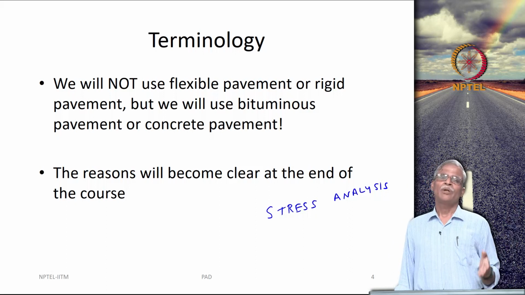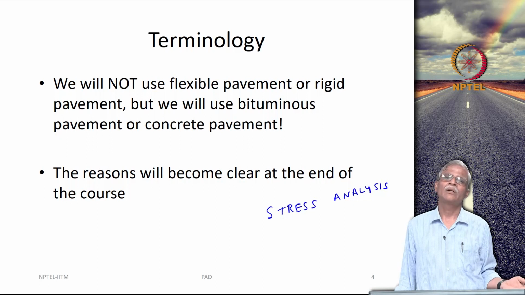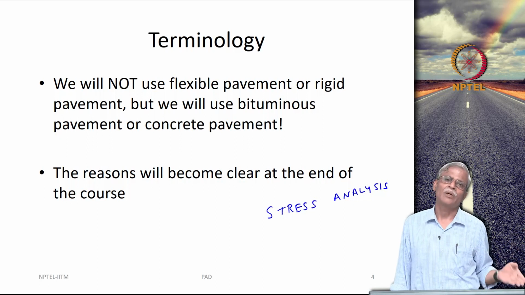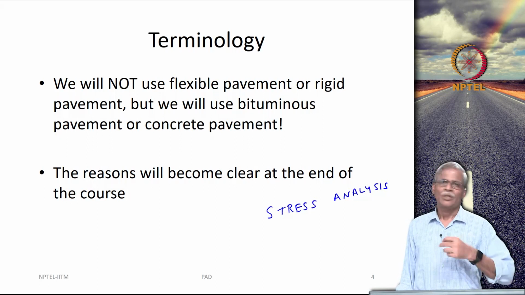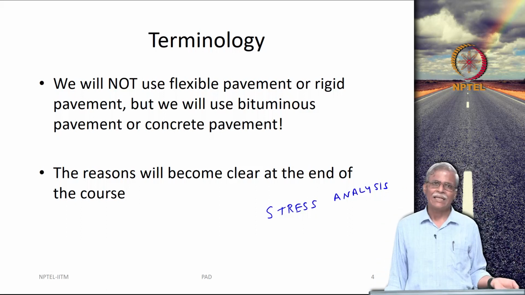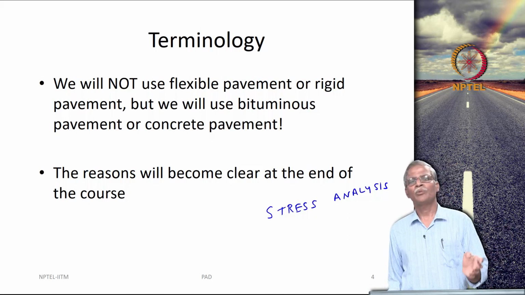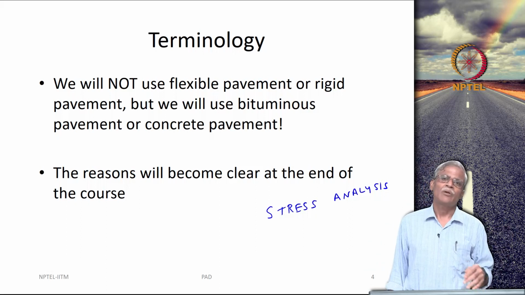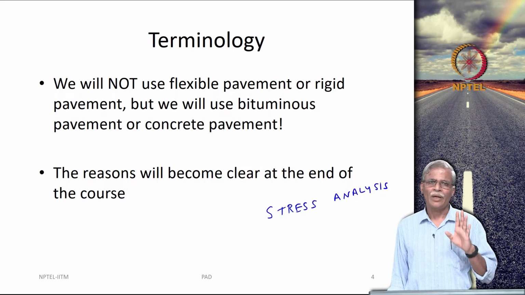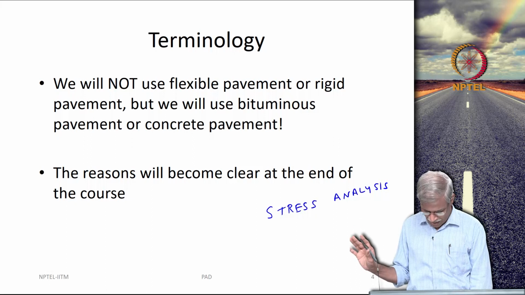For concrete pavement, we use beam on elastic foundation, Winkler model, Pasternak model and all those things. It is possible that you can model concrete pavement using layered elastic theories. It is also possible that you can model bituminous pavement using the Winkler foundation. So, there is nothing flexible or nothing rigid about it.